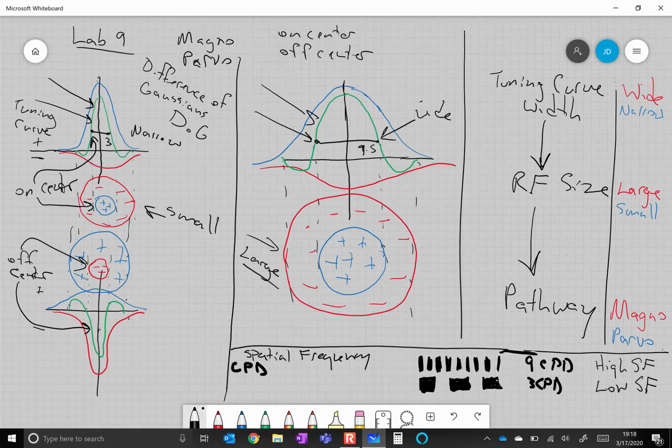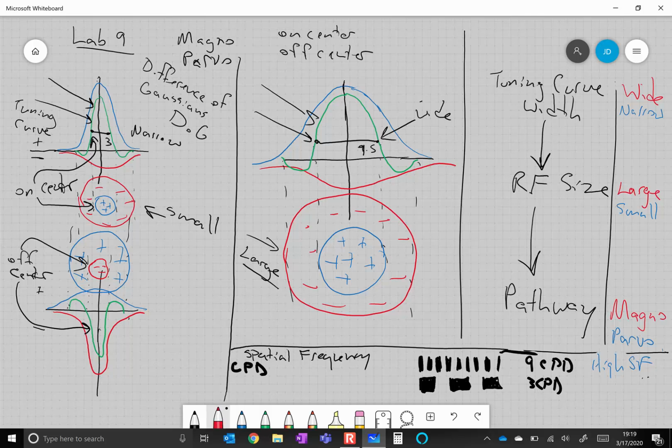Now if we think about receptive field size, what we know is that small receptive fields, corresponding to those narrow tuning curves from the parvocellular pathway, are good for high spatial frequencies.